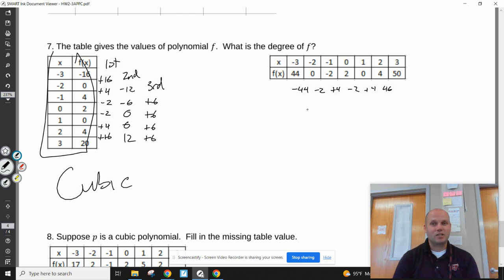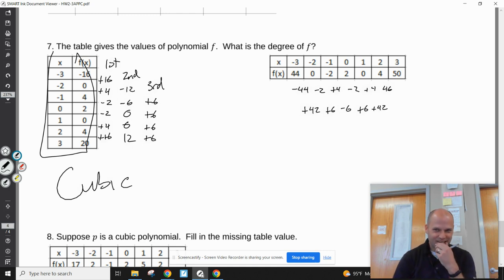Minus 44 to minus 2 is plus 42. Negative 2 to 4, plus 6. I hope this works out. Positive 4 to negative 2 is minus 6. Negative 2 to positive 4, again plus 6. 4 to 46, plus 42.